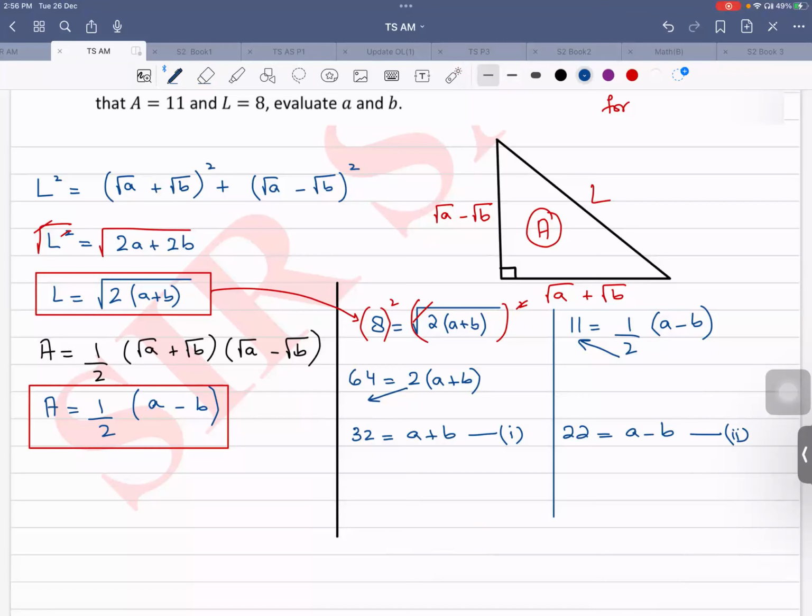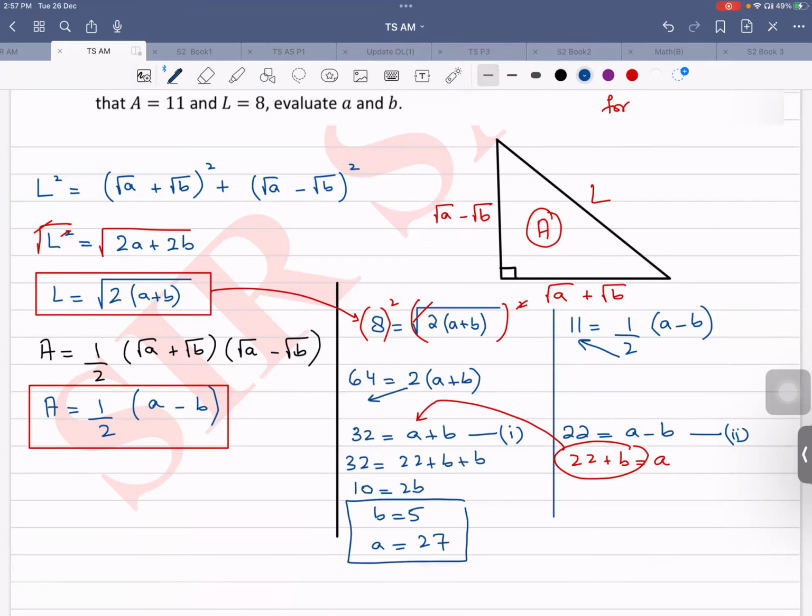Okay. मेरा तो B 5 आ रहा है. Oh, I see. I put a negative sign in front of the 22.